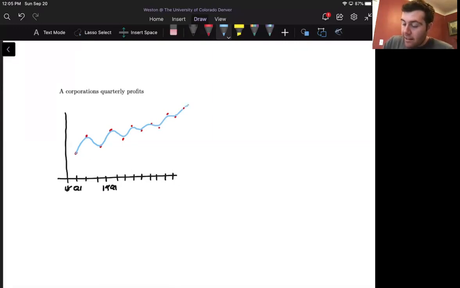So we can see that it looks like the function is increasing in value and there is variation from quarter to quarter. So here, these two are low, but these two are high.